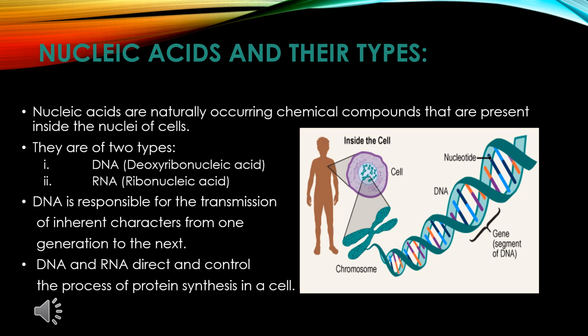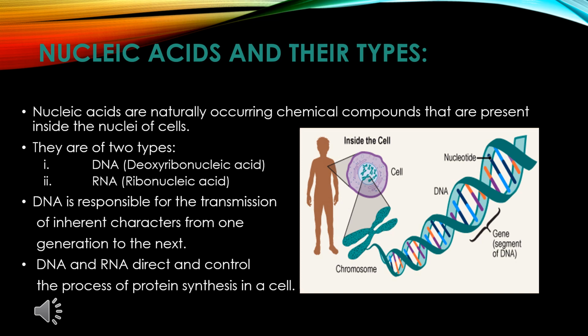If we talk about the types of nucleic acids, then these are DNA and RNA. DNA stands for deoxyribonucleic acid and RNA stands for ribonucleic acid. DNA, as we already know, is present inside the nuclei of the cell. Here we can also see in the picture a human body is represented.